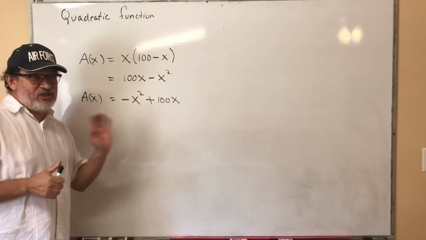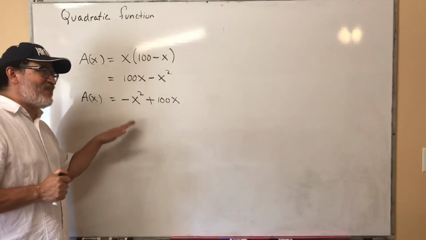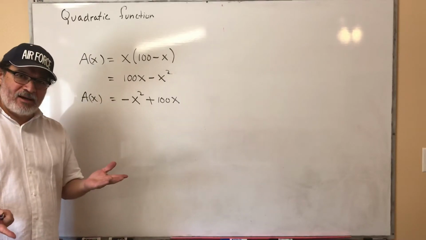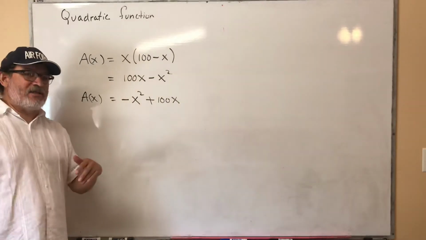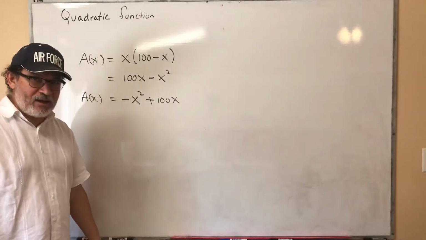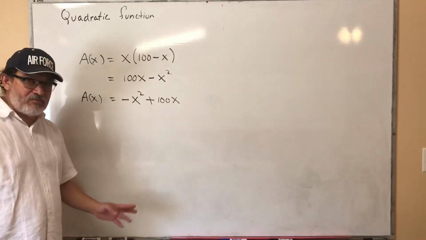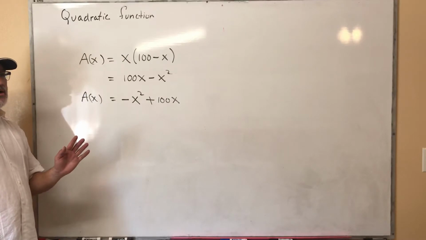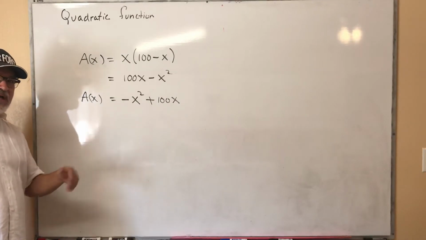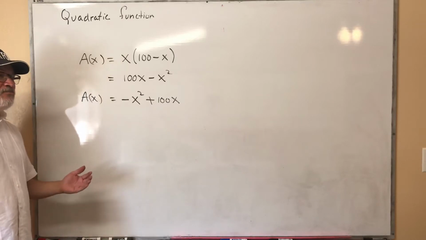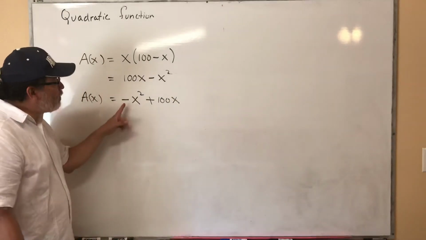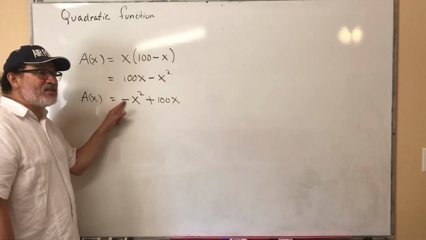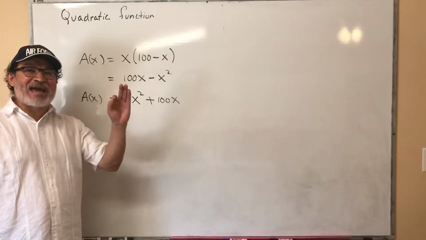Now, my question is, this parabola, is it in vertex form or is it in polynomial form? The answer is, it's in polynomial form. It's not in vertex form. Because it is in polynomial form, we can find the vertex by the formula I just gave you. Why? Because this parabola opens down, which means the vertex is a maximum.